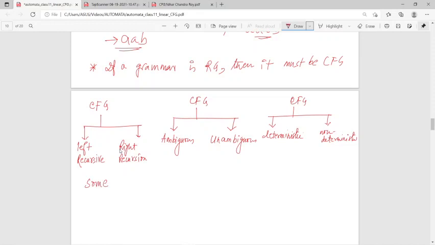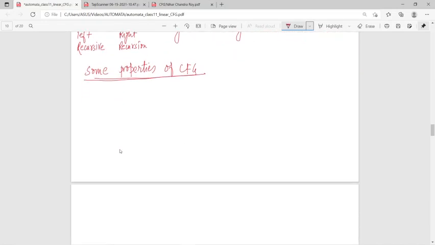So there are some properties of context free grammar.